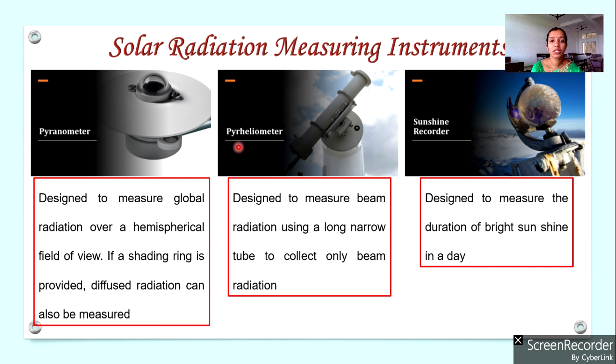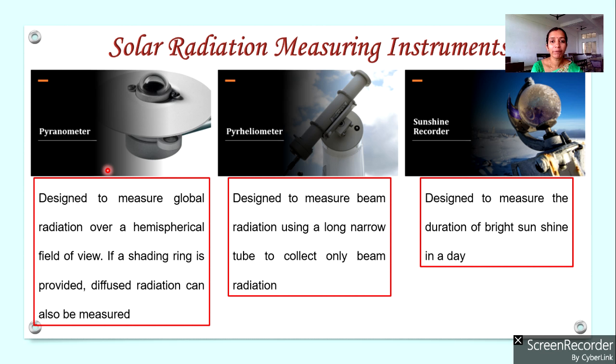So these two instruments, pyranometer and pyrheliometer, are used for measuring the amount of sunlight, the intensity of sunlight. But the sunshine recorder measures the duration of bright sunshine in a day. For how long bright sunshine is available on a particular day and when it is available. Such things are measured by the sunshine recorder.